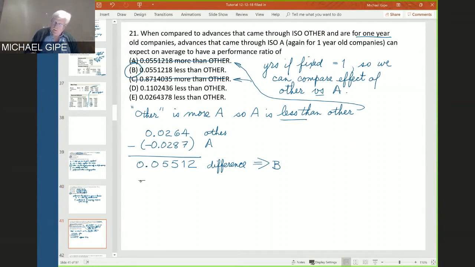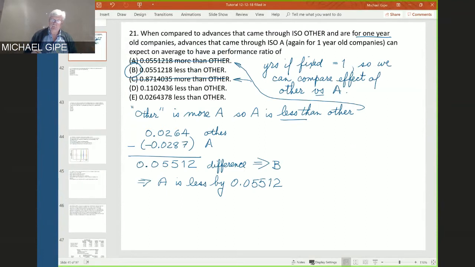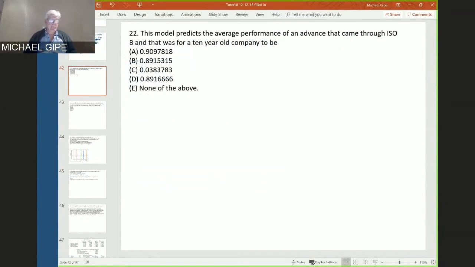So essentially, A performance is less by 0.05512 for a 1-year-old company. Remember, you can compare them only if you hold the other variable the same.